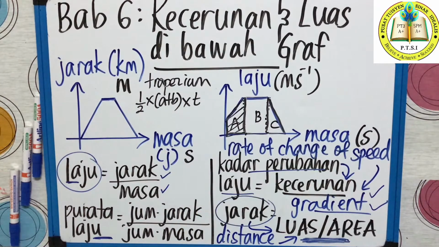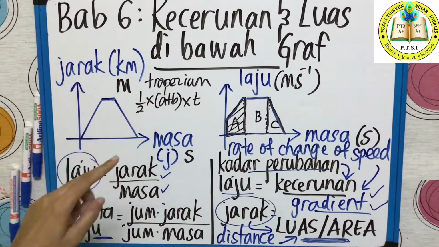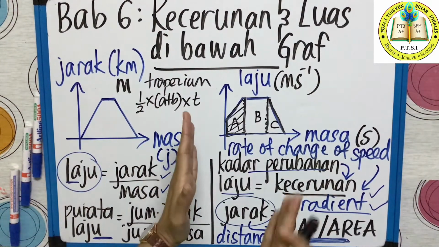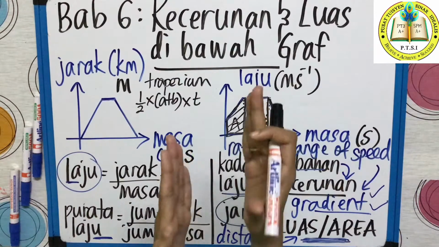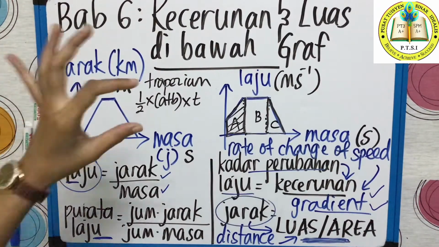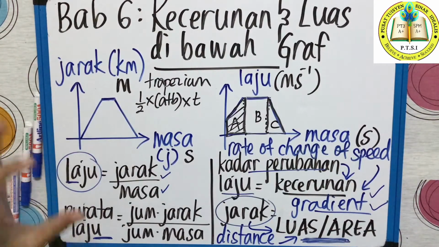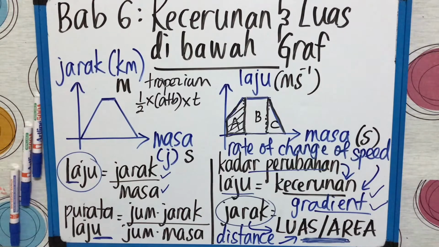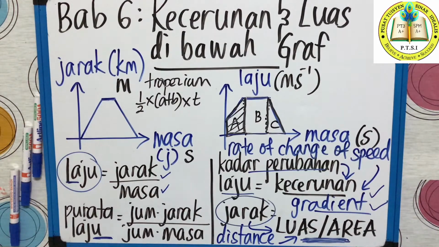Ataupun tinggi. 1/2 kali A tambah B. A tambah B is the 2 parallel line. Ingat kelas, ini bukan formula tingkatan 5. Formula trapezium kamu sudah pun belajar sebelum ini. Tingkatan 1, 2, 3 kamu sudah belajar. Yang ini adalah ulangan sahaja.